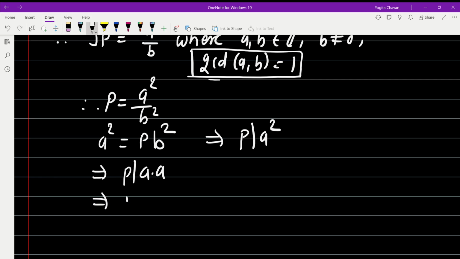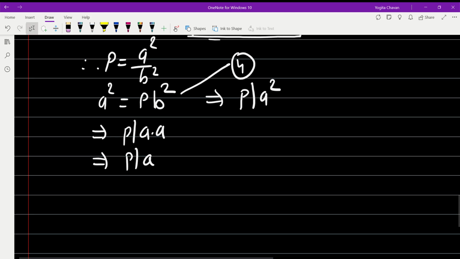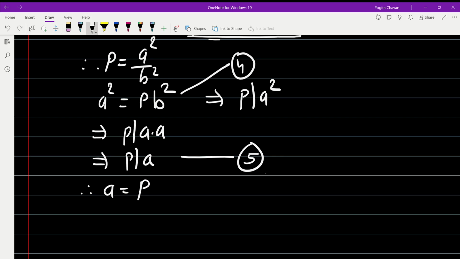This implies p divides a. Note that this is number 4. Okay, p divides a. This is number 5. Now p divides a, therefore a is equal to p into some n, where n is an integer.